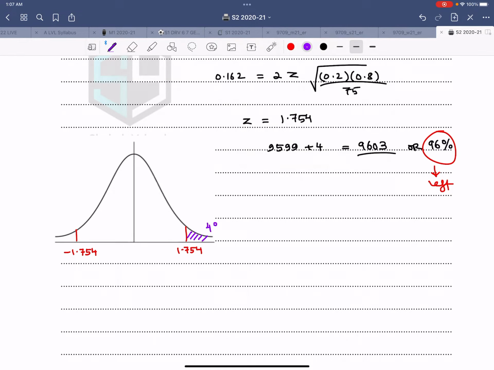So this is 4%. Similarly, because of symmetry, this is 4%. Therefore, this is alpha percent. So alpha plus 4 is 100. Therefore, alpha is 92%, correct to two significant figures. So the confidence interval in this scenario was 92%.